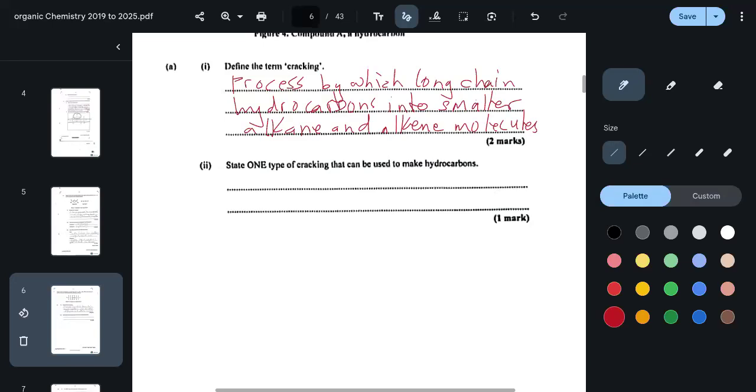All right, so state one type of cracking. I'm going to tell you the two types. We have catalytic, because it uses a catalyst, and we have thermal, so it uses heat.